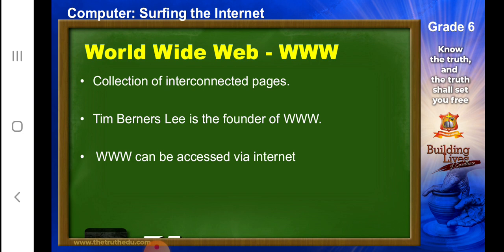If you don't have internet, and if you type www dot any website, let's say hp.com or tatamotors.com or unilever.com or infosys.com, you will get a message saying the page cannot be displayed, because to access any www website we need to have an active internet connection.